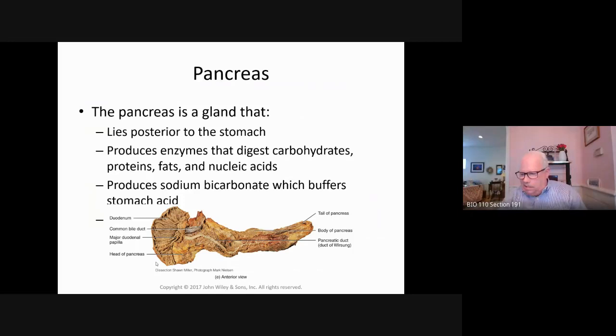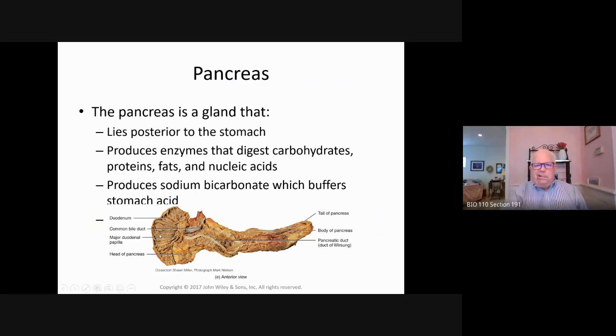The pancreas. The pancreas lies posterior to the stomach. The pancreas produces the majority of enzymes in the digestive tract. It produces enzymes that degrade everything.